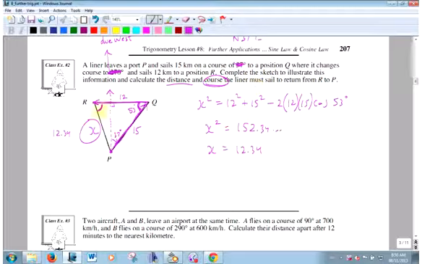Okay, how do I find out that angle? Sine law. Okay, I need this angle, I need the side opposite. So the sine of r over 15 is the same ratio as the sine of 53 over the side opposite it.